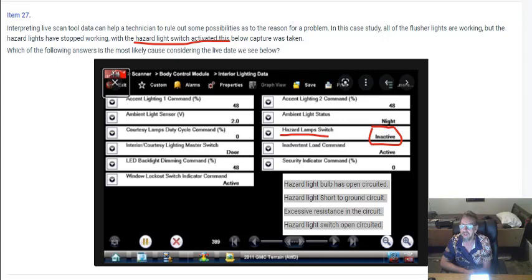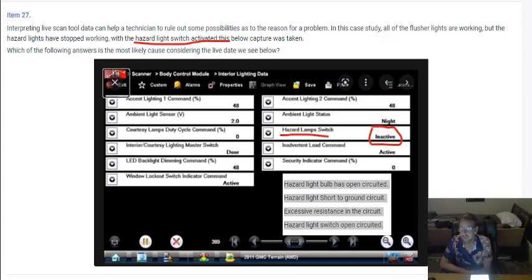But the command for the body control module, if it be that, has been told to turn it on. But now we've got a short somewhere and blown a fuse. We've got an open circuit somewhere. But wouldn't you think that it would be activated? The hazard lights would be activated and still not working if it was a short. So I'm going to rule that out.